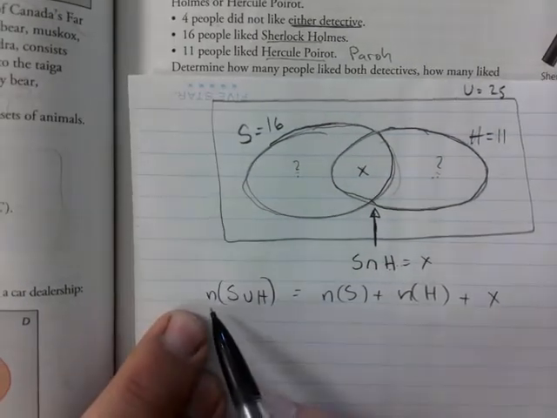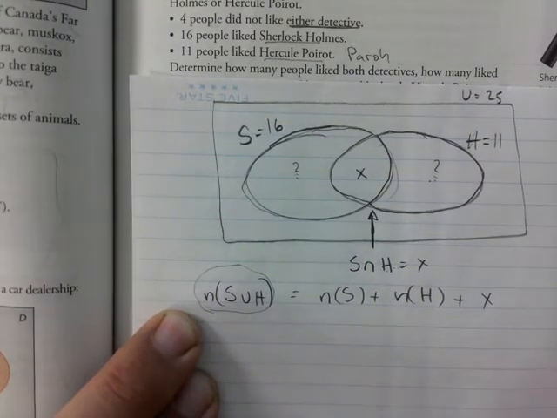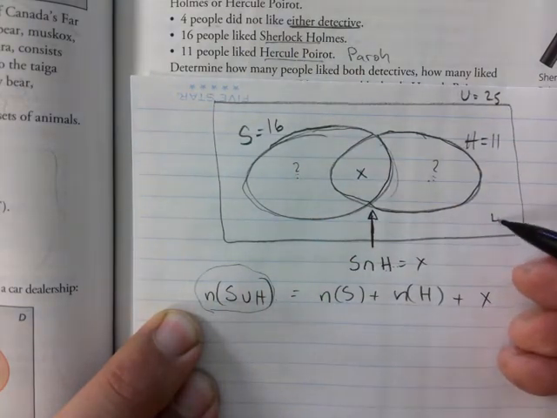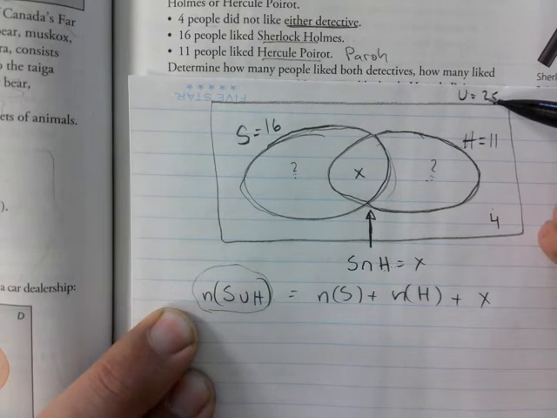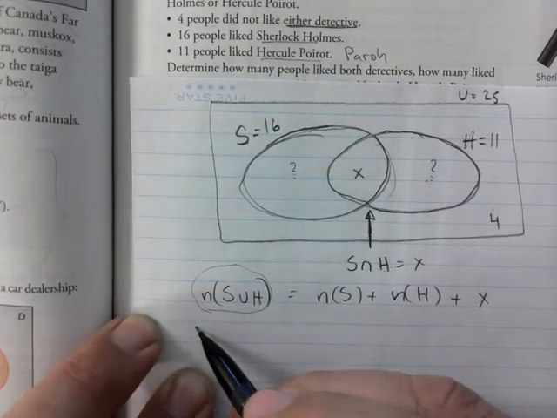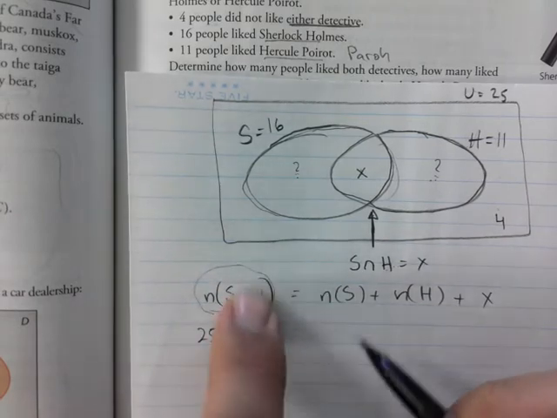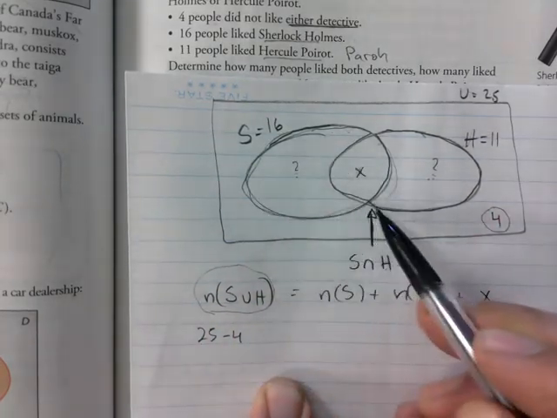And so you figure out what is this number usually? Actually, I've not done my thing. This is four people do not like either one of them. Those are your outliers. So you go 25 minus 4. 25 minus 4 goes on this side. That's what the union is, because if you take the 4 away from the universal, you're left with this.